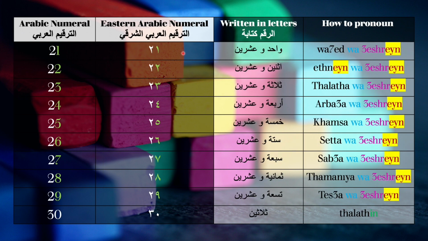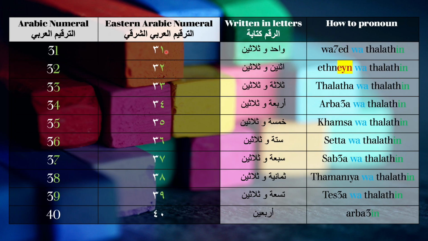Now, after 20, I will remind again, we always read the first two digits of any number from right to left with having and, which is wa in Arabic. So 21, 22, 23, 24, 25, 26, 27, 28, 29, 30.